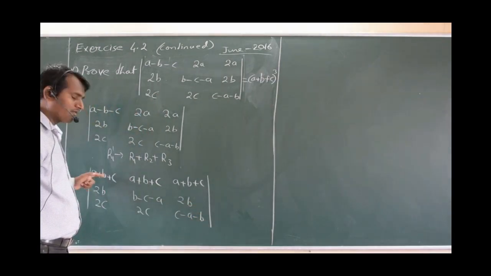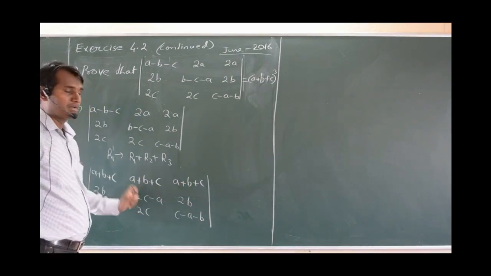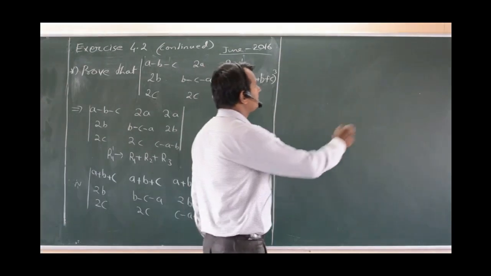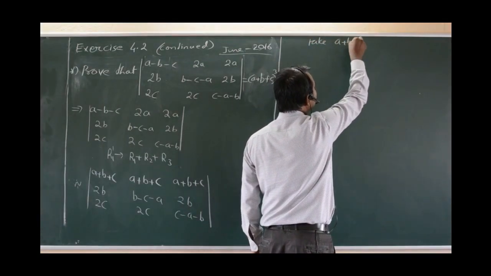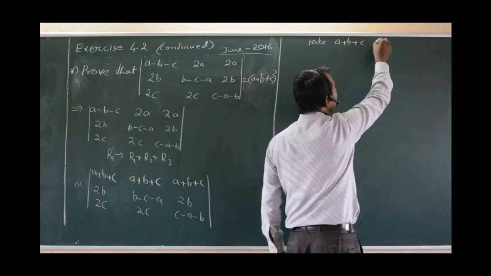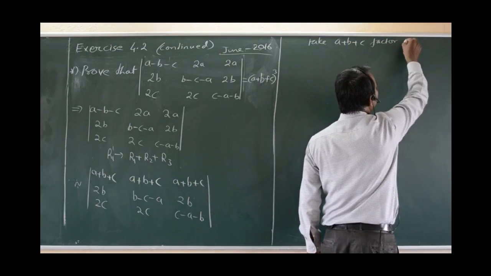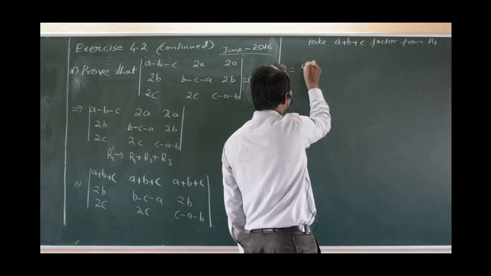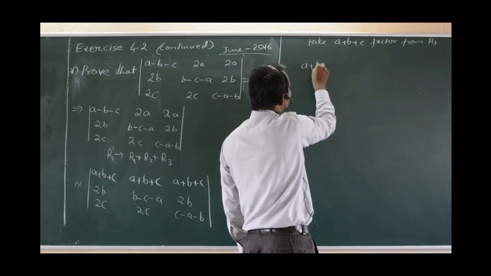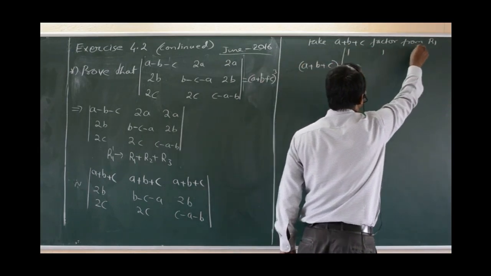Now from R1, what can I take common? I can take a plus b plus c common from row 1. So we get a plus b plus c into the determinant with first row 1, 1, 1.